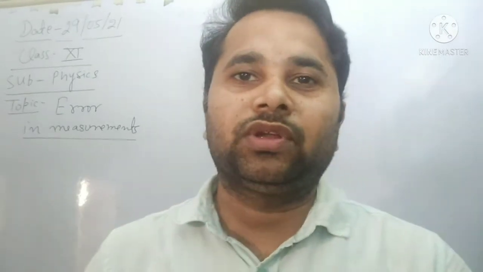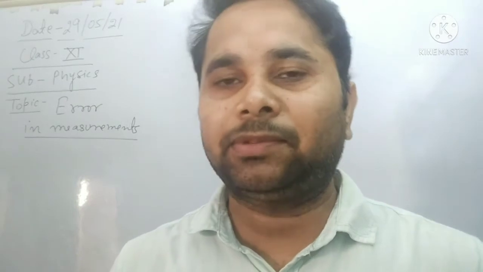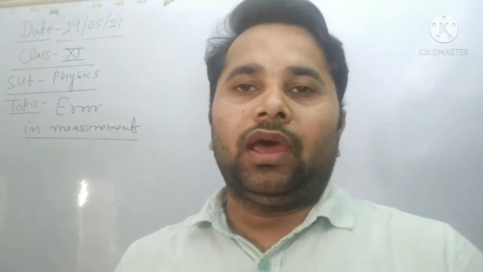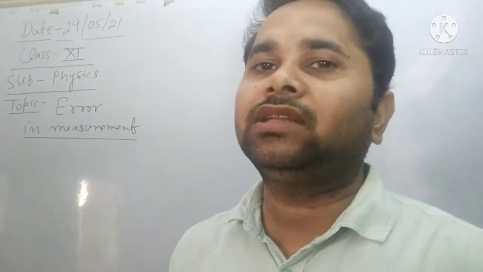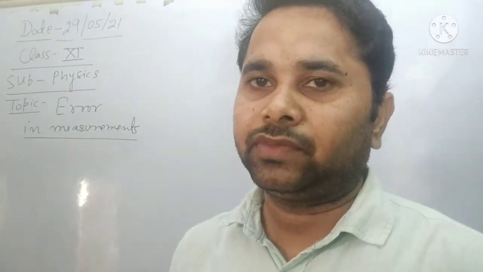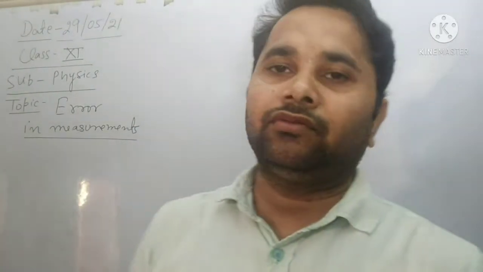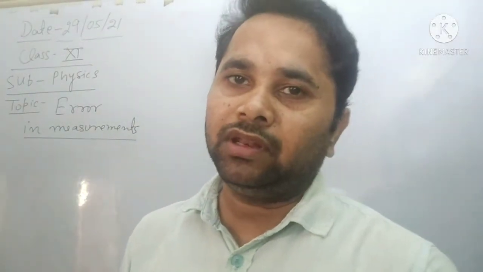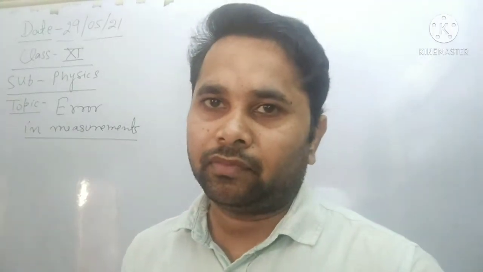Students, in the last tutorial we discussed errors and the types of error, and now today we will see how to eliminate or minimize the errors. In the last tutorial we saw the main difference between random error and systematic error.